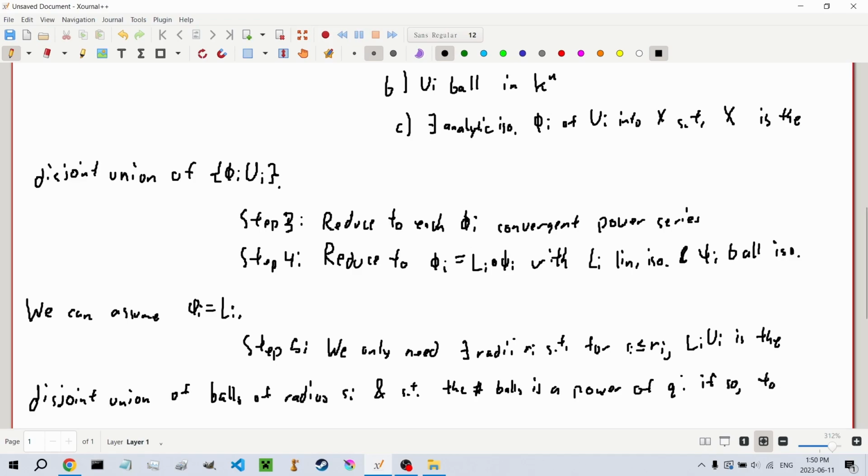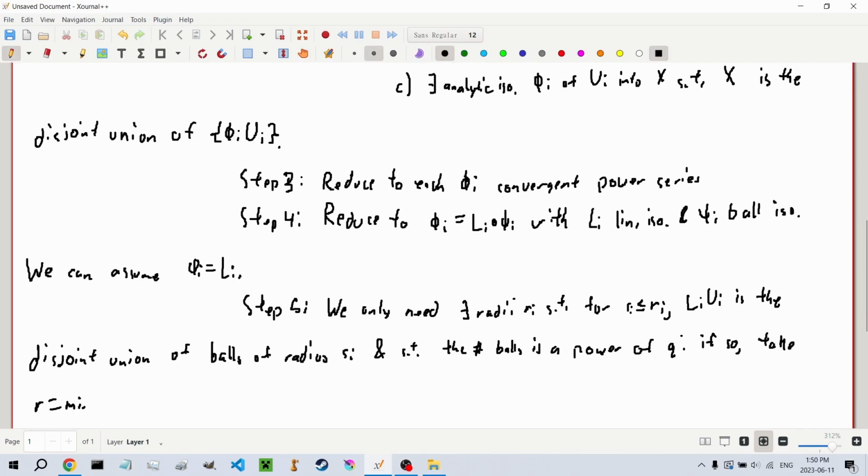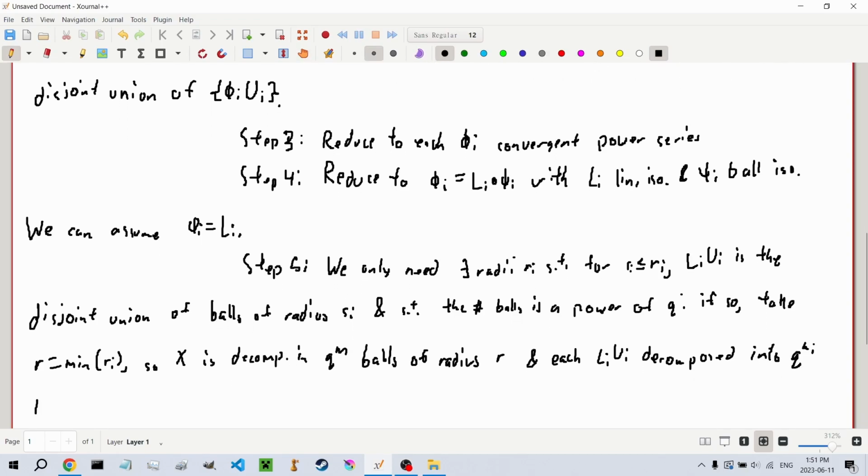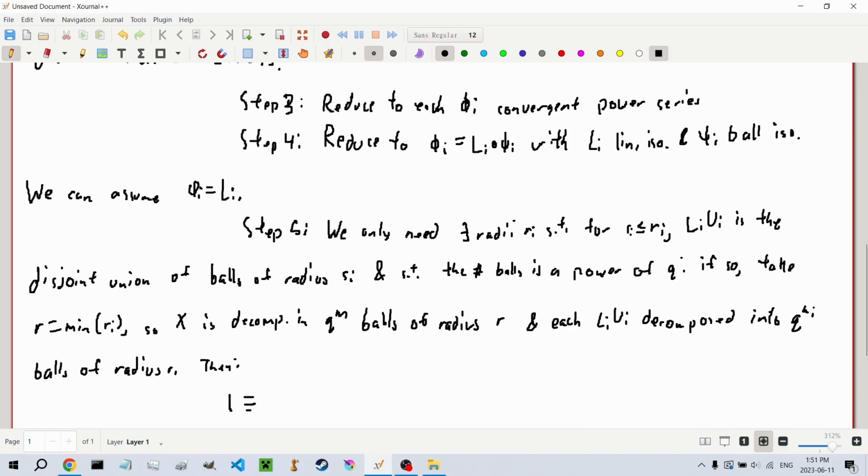If so, we can take R to be the minimum of our given radii, so X is decomposed into Q to the M balls of radius R, and each L_iU_i is decomposed into Q to the M_i balls of radius R. Then, first off, one is congruent to Q to the M. This is all mod Q minus 1.